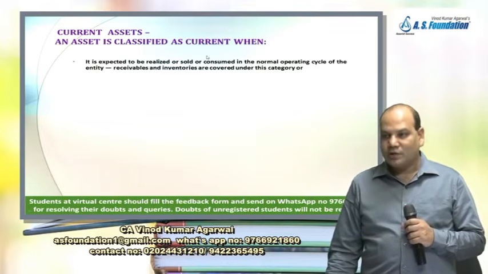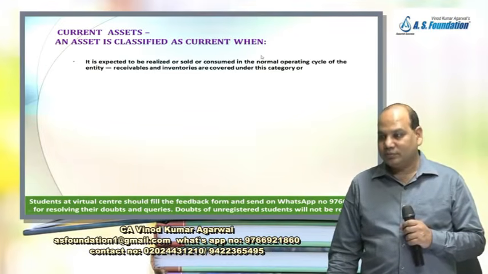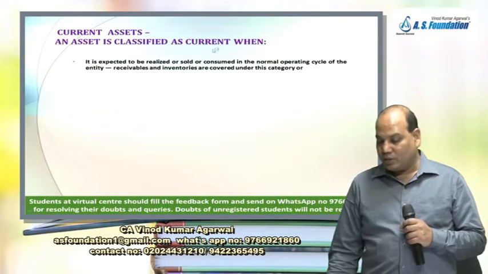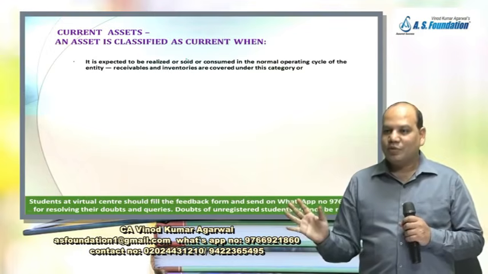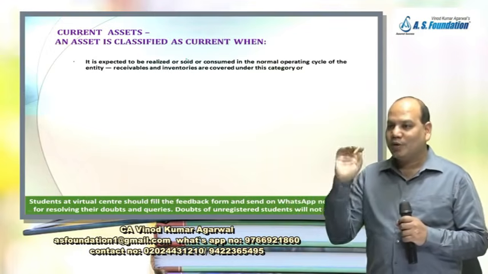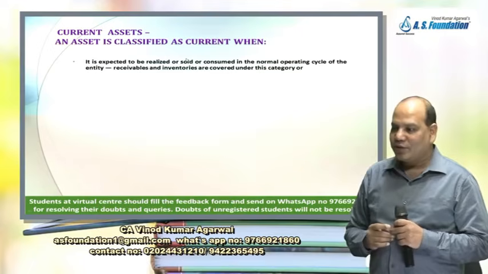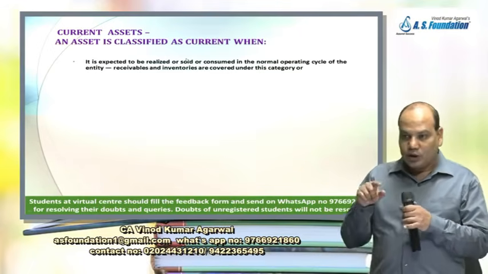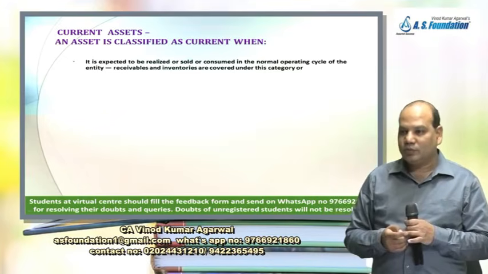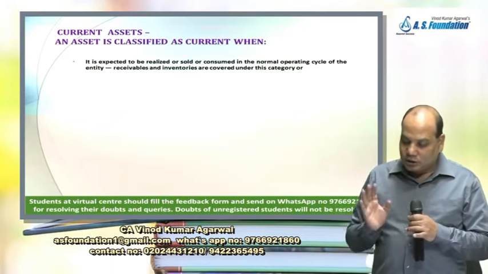An asset is classified as current. Normally people think current asset means it is realizable within 12 months. That is only one of the 4 definitions of current asset. There are 4 definitions, and if you fulfill any of the 4, then it is a current asset.